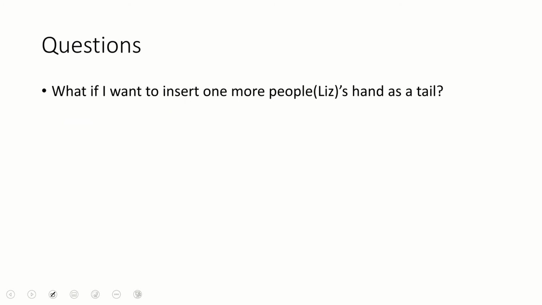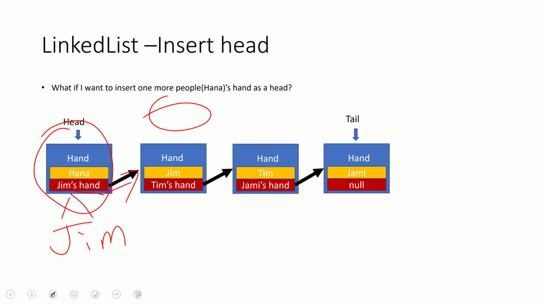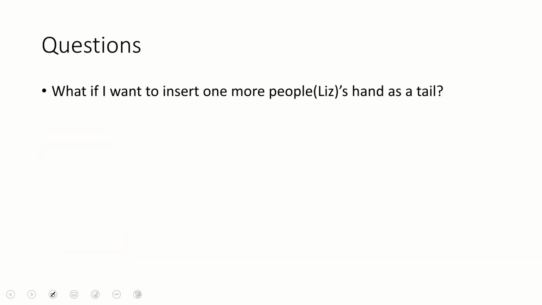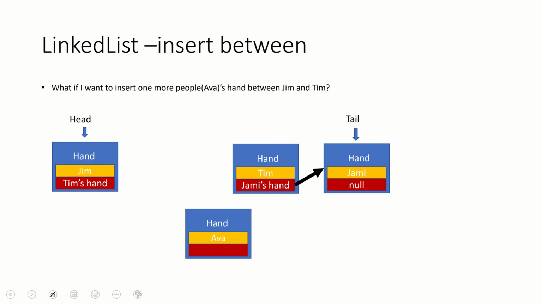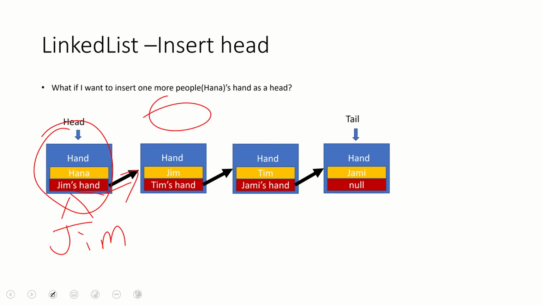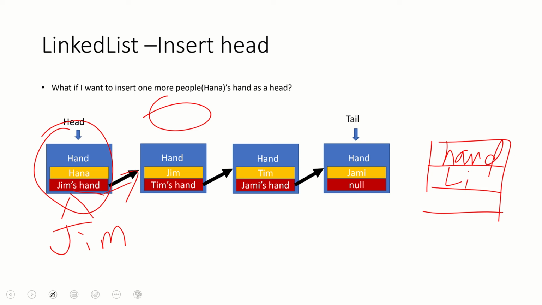In the last video, we used this picture to do another example, inserting another person's hand as the tail, right? So in this example, if we want to insert a hand, which belongs to the list, we want the list as the tail, right?